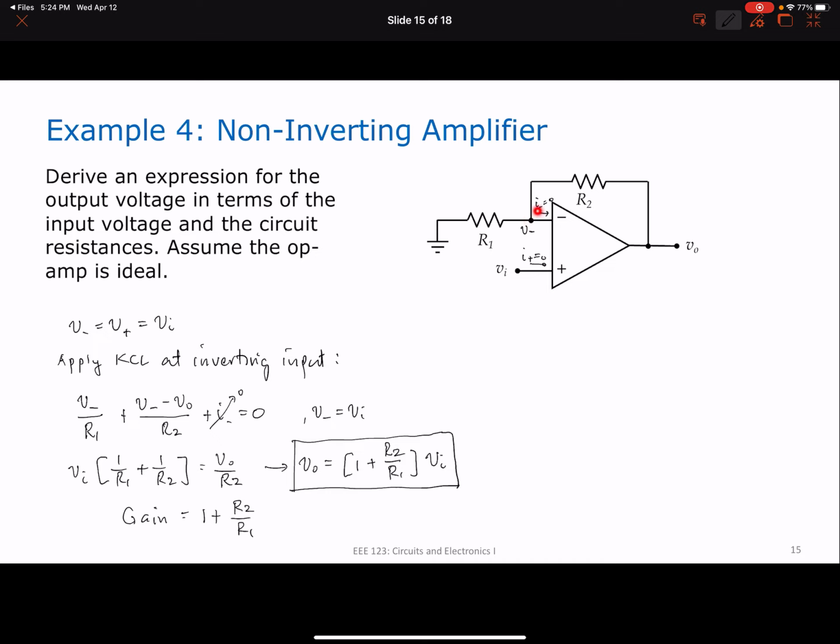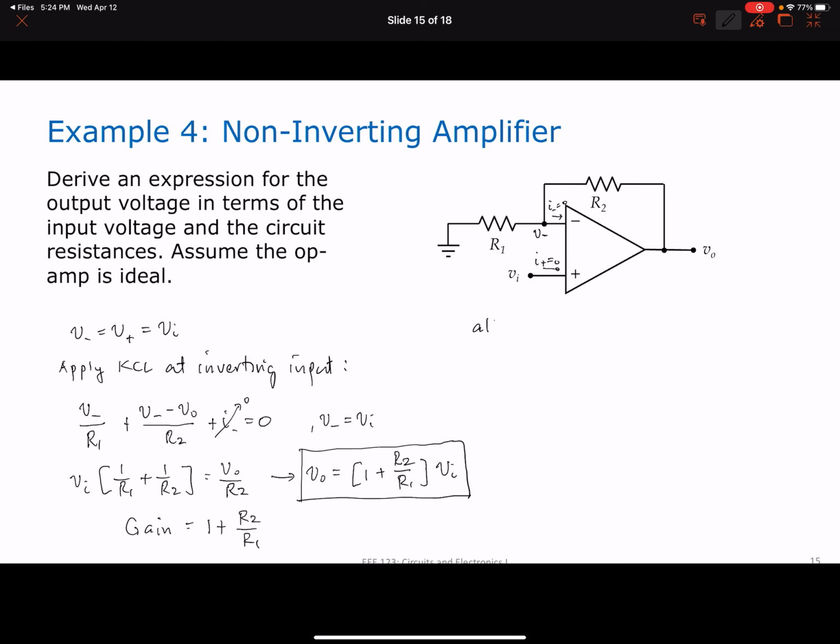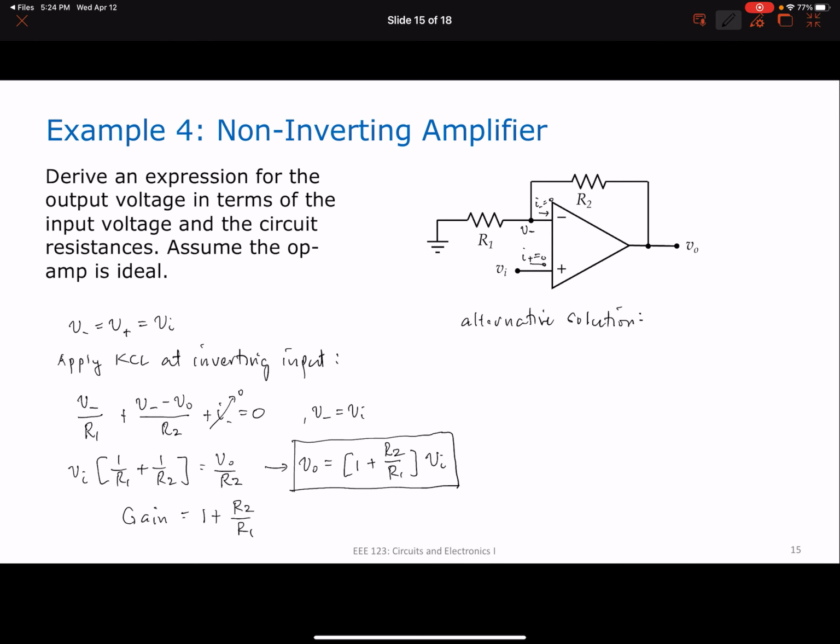Alternative solution, by voltage divider, V minus is equal to V sub O R1 over R1 plus R2.